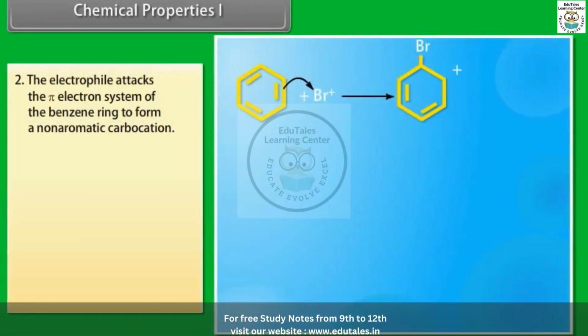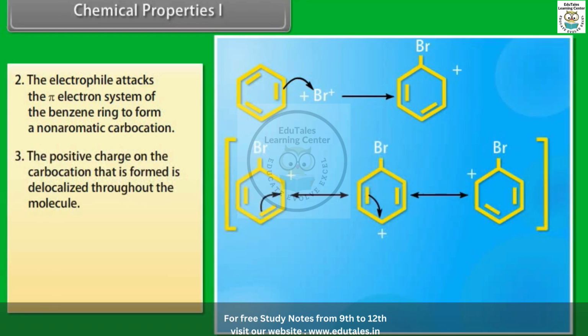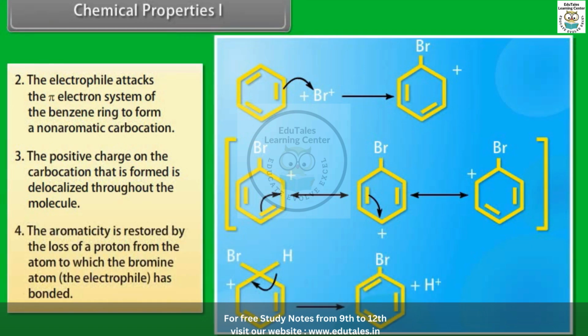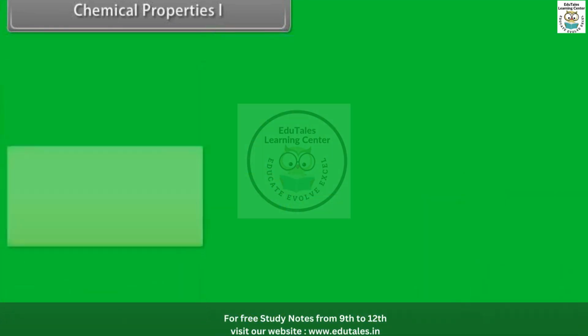The electrophile attacks the pi electron system of the benzene ring to form a non-aromatic carbocation. The positive charge on the carbocation that is formed is delocalized throughout the molecule. The aromaticity is restored by the loss of a proton from the atom to which the bromine atom, the electrophile, has bonded.